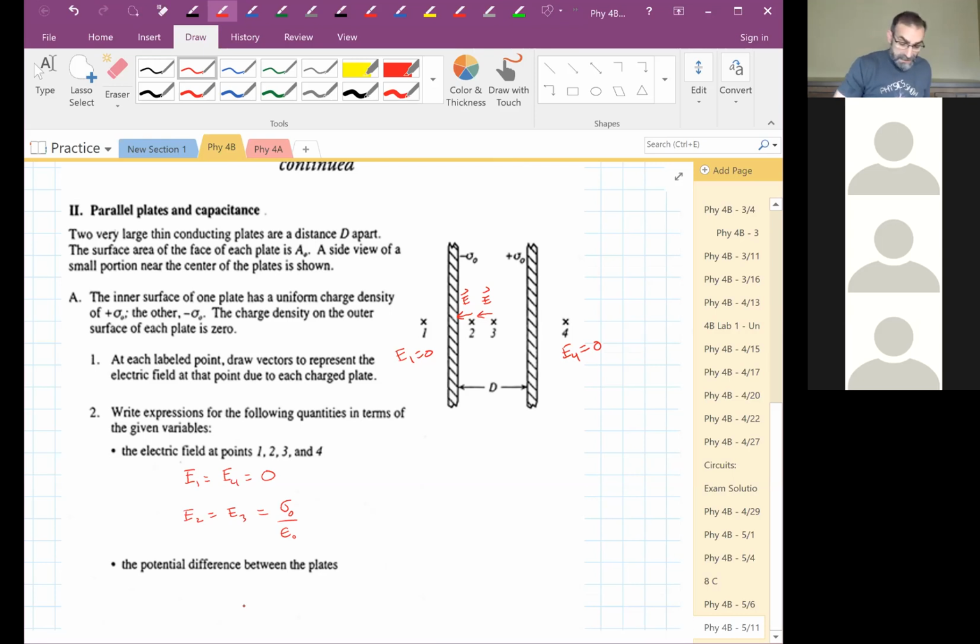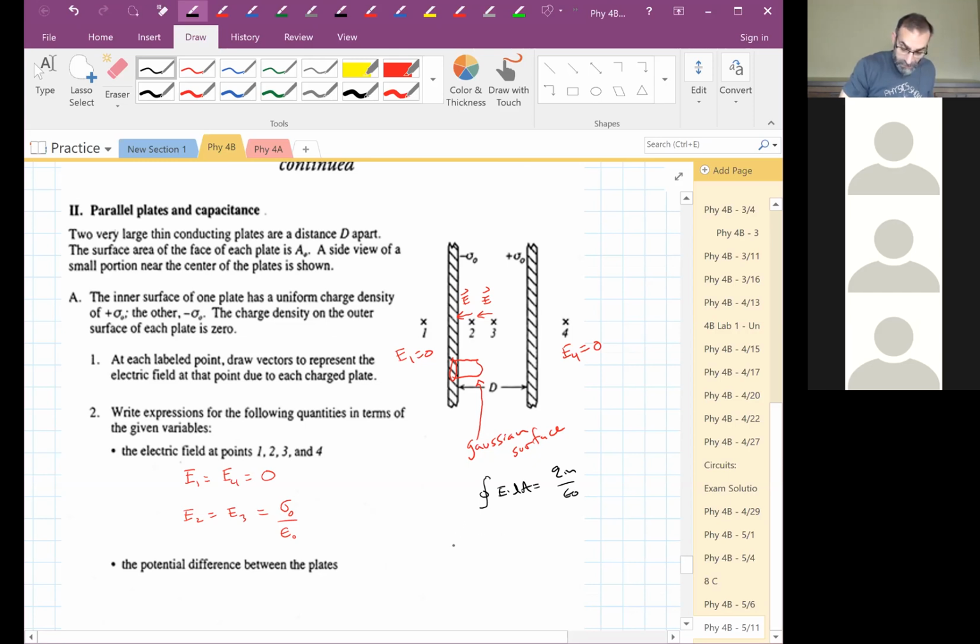How do you get that? You draw a Gaussian surface, I would draw it right inside the surface like that. And then you say the integral of E dot dA is Q in over epsilon naught.